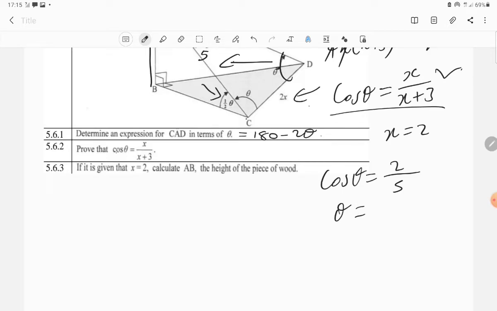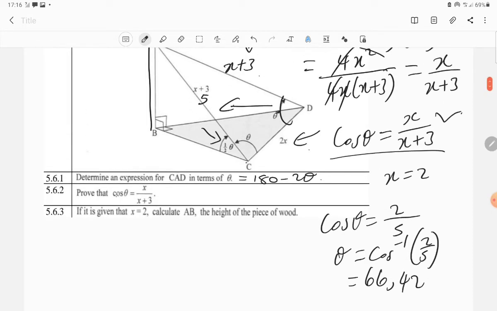What is theta going to be? We have cos inverse of 2 over 5, and we get 66.42.